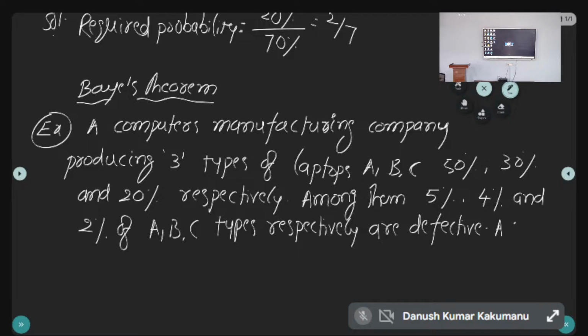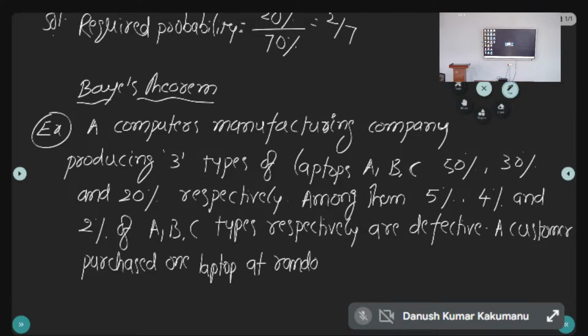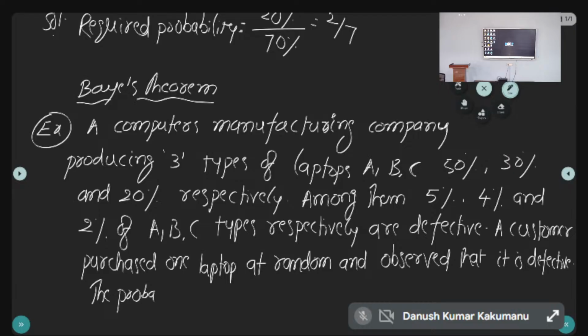Yes, a customer purchased one laptop at random and observed that it is defective.